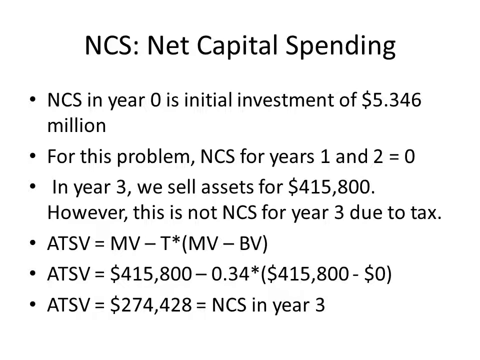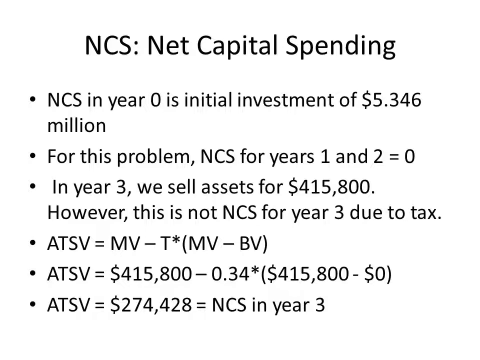And that's simply equal to the market value of the asset at the time you sell it, minus the tax rate times the difference between that market value when you sell it and the book value at the time you sell it. So the market value here is simply the $415,800, tax rate is 34%, and the book value is 0. So if we do the math out, we get $274,428.